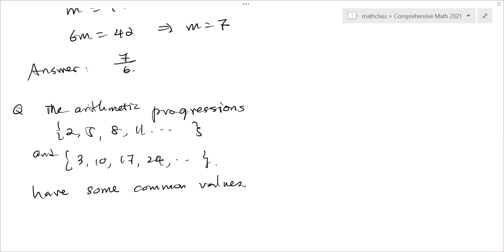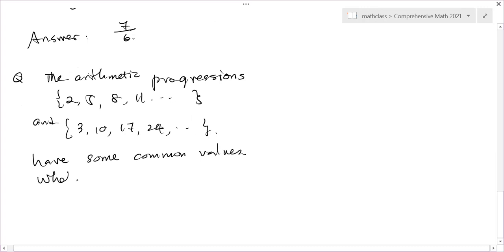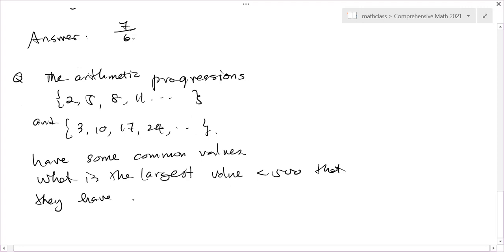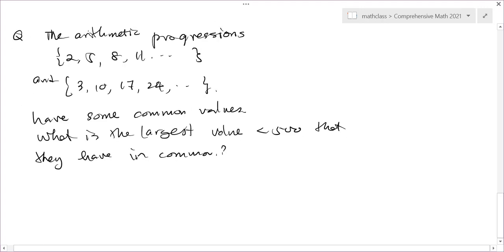So we want to find the largest value, which is less than 500, and in both sequences.